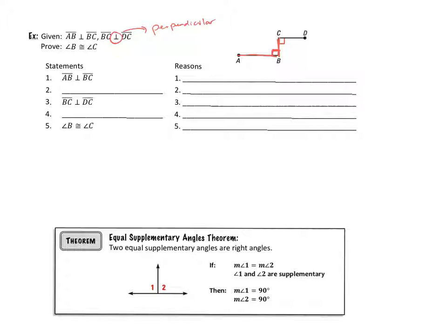But in any case, our reason for statement 1 is that it is given. And then I know, because of my definition of a right angle, that angle B, that's the vertex there, the measure of that must equal 90 degrees because of the definition of a right angle.